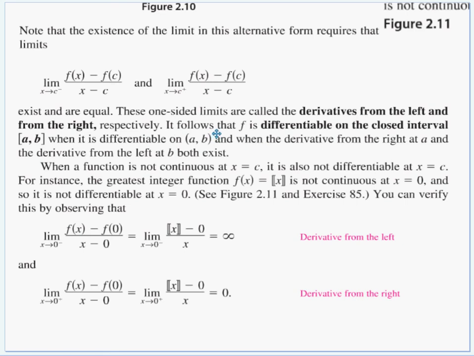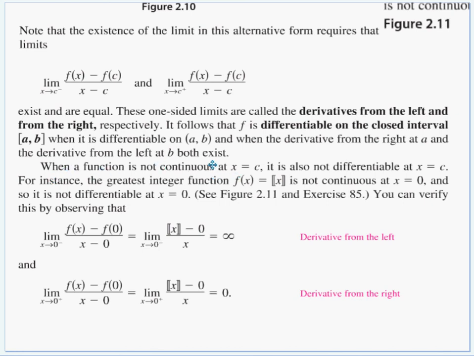Then it follows that f is differentiable on a closed interval from a to b if it's differentiable at every point inside that interval, and the derivative from the right at the left endpoint, a, and the derivative from the left at the other endpoint both exist.